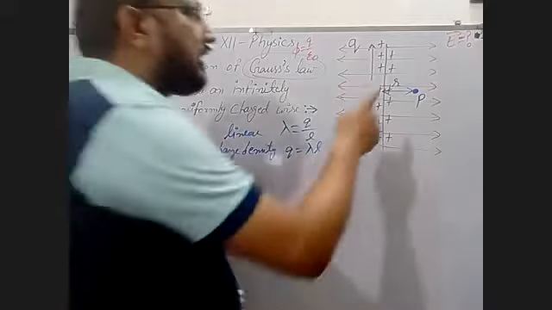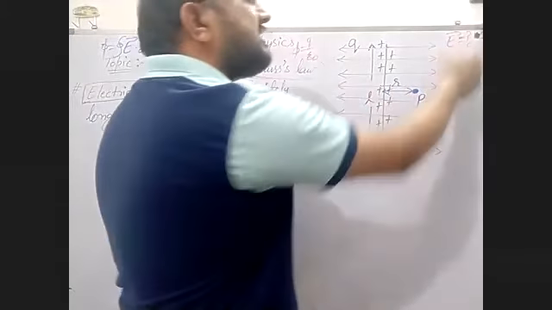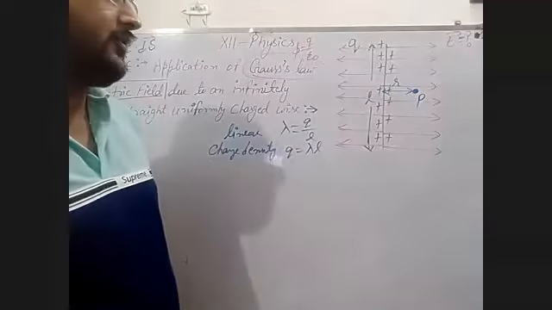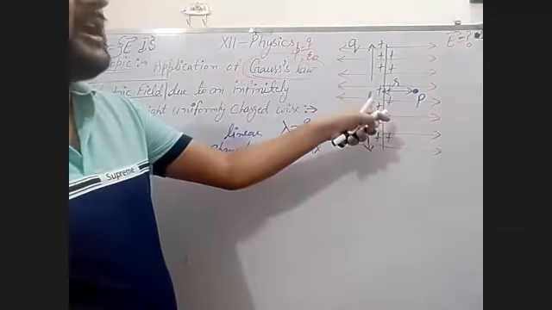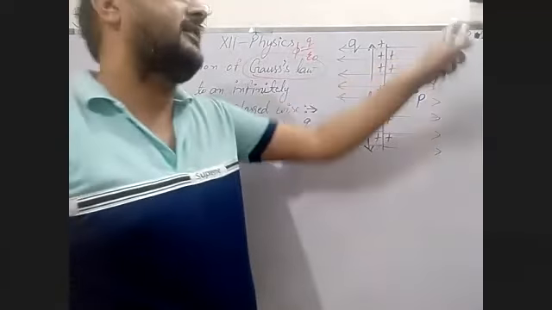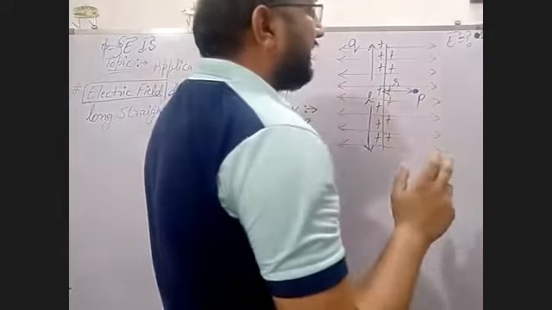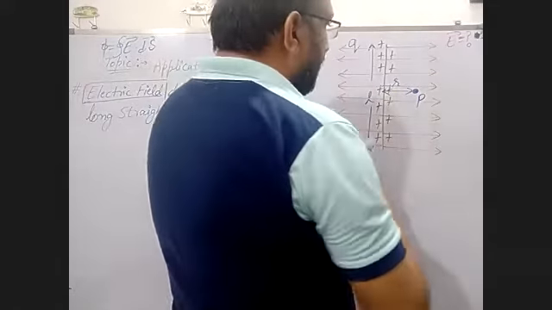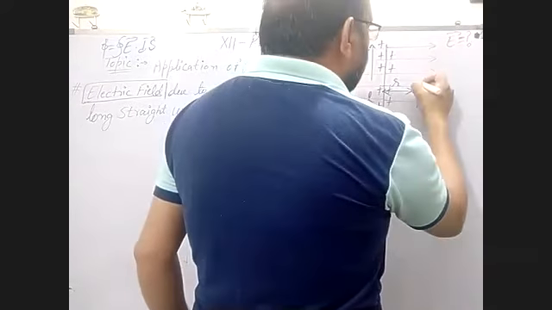But at this point, how will you calculate the electric field? Because this is the topic which you have to do, and this is the condition. With the help of this, you have to calculate the electric field at point P, but consider this point P like this.